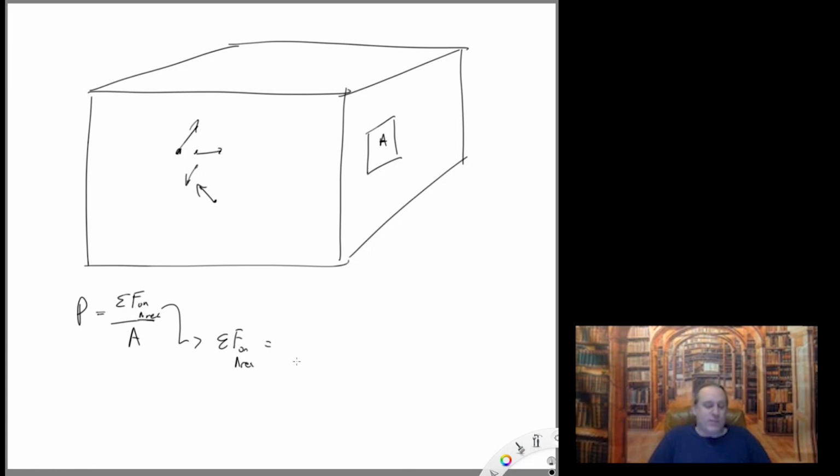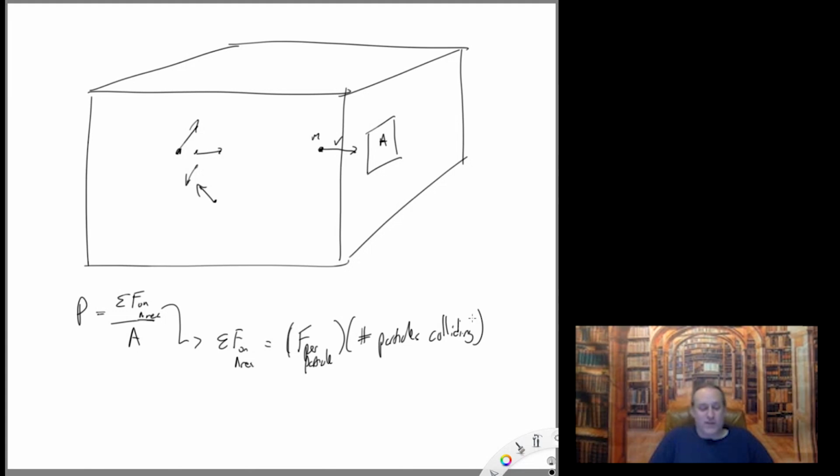We're going to find the force per particle by looking at a single particle with mass m and velocity v hitting the wall. What happens? There's going to be a certain force given to the wall when this happens. And then we have to multiply this by the number of particles colliding with the wall in some time interval.